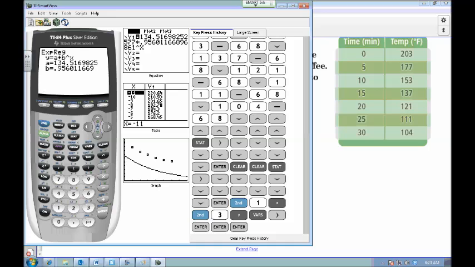Okay, you need to push enter like twice, and it will run it. Okay? So look, it tells us the value of A, it tells us the value of B. And it even tells us what the formula should look like. It's A times B to the X. Okay, so what's the value of A rounded to the hundredths, 2 decimal places?